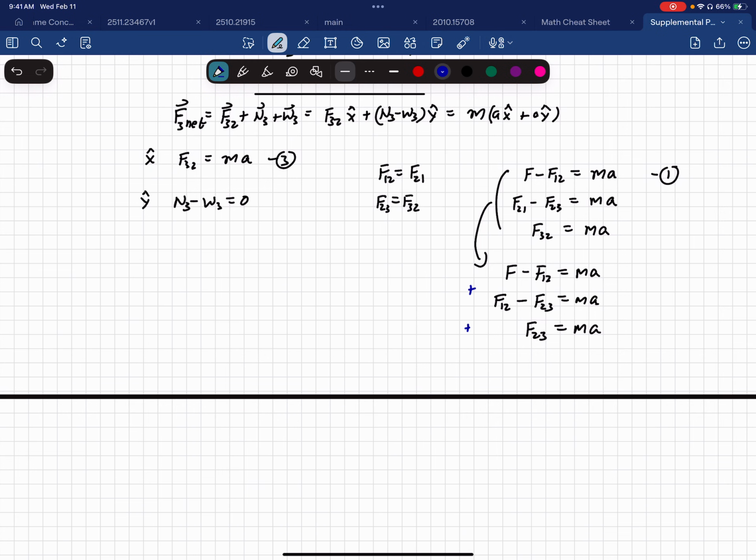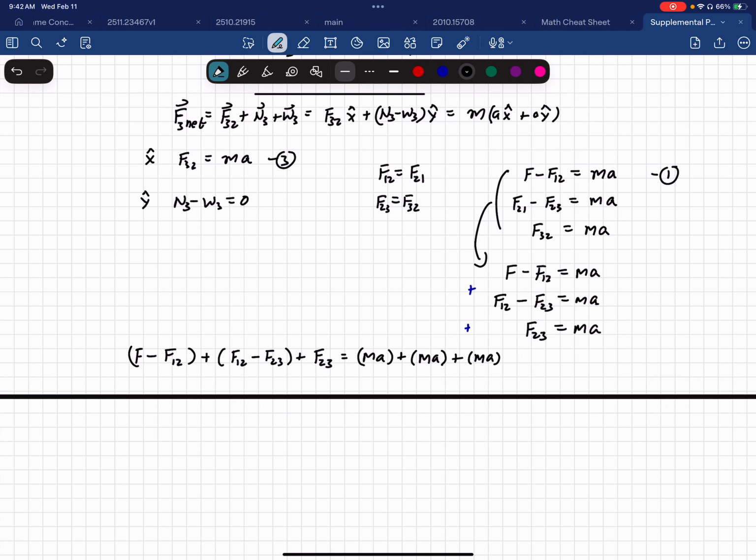I get F minus F12, that's the first equation, plus F12 minus F23, the second equation, plus the third equation on the left hand side, and on the right hand side, the first, the second, and the third right hand sides.